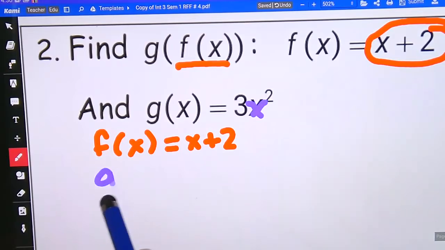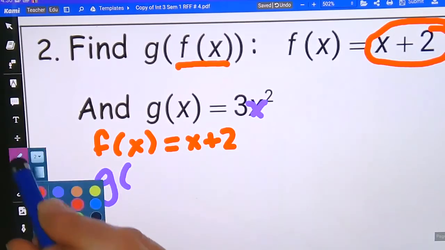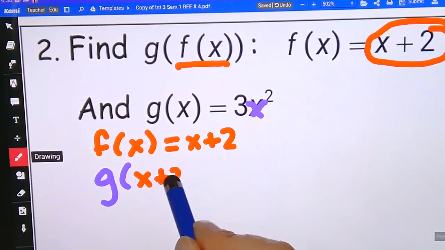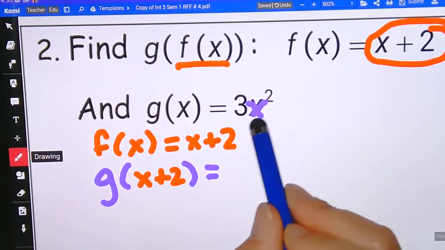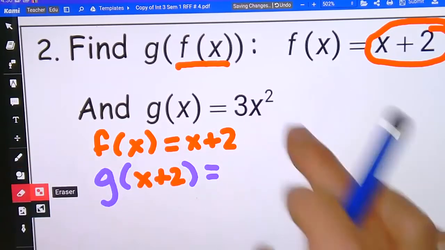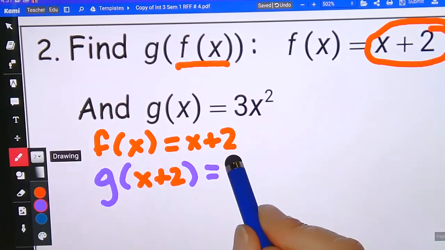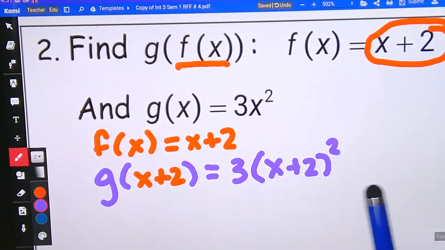So now I'm going to find g of x plus 2. And again, I'm going to put that in place of this x here. I'm going to get rid of that, it's a little messy. So that's going to be 3 times (x plus 2) squared.